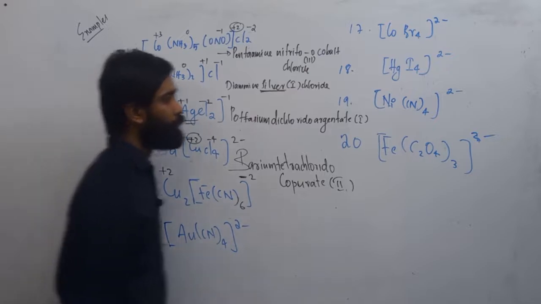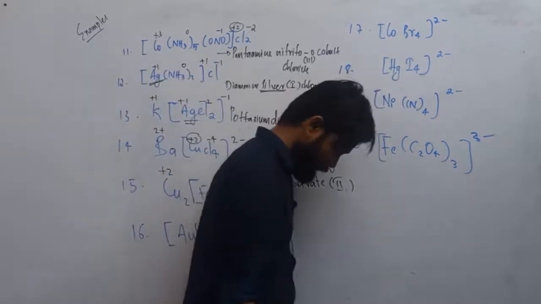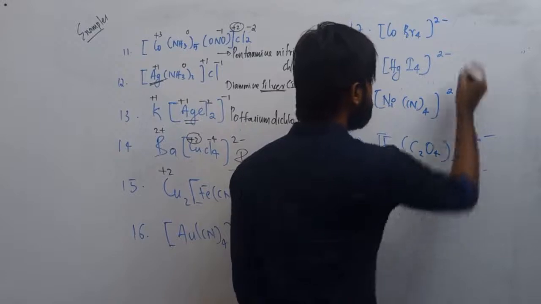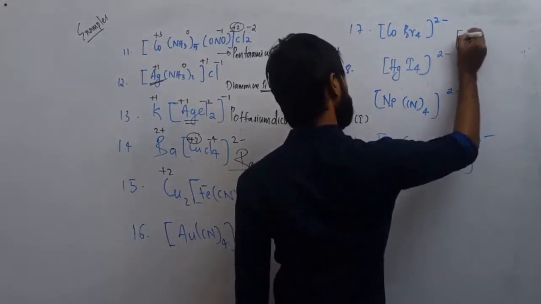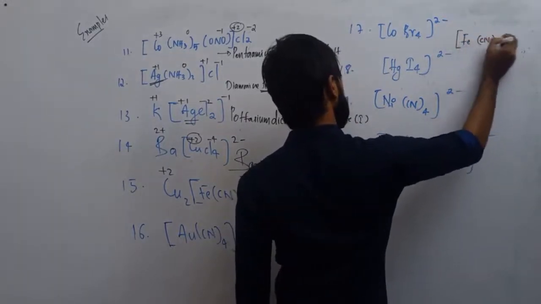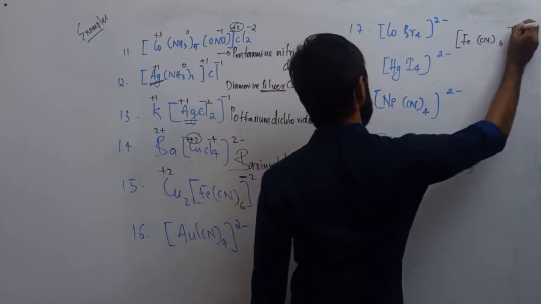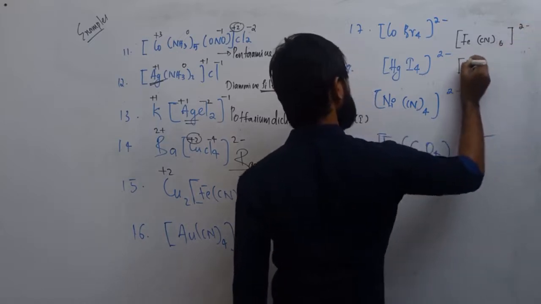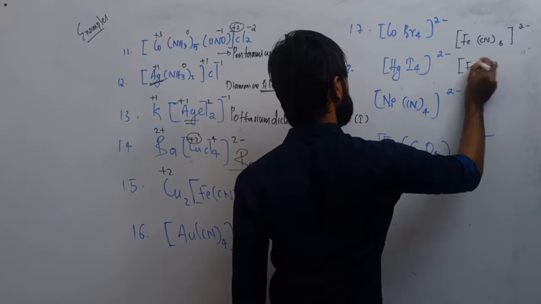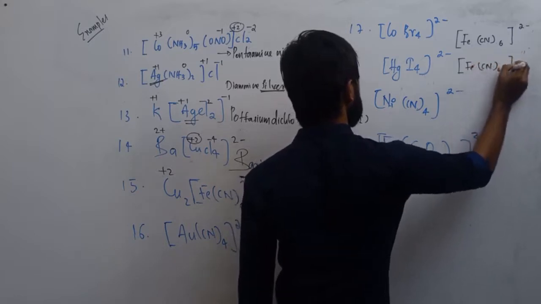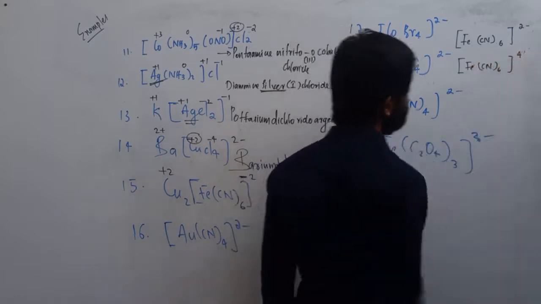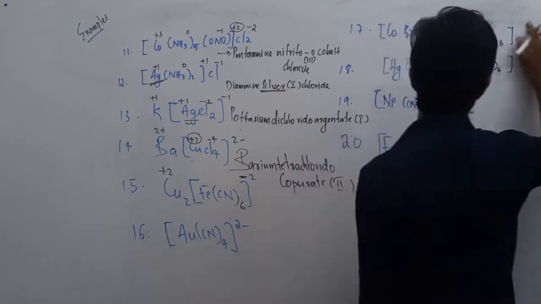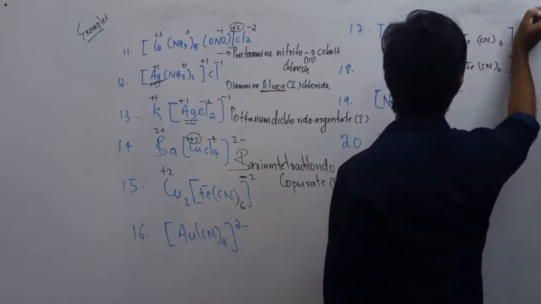Okay, there are two possibilities for the entity FeCN 6 times. Either the FeCN 6 times has a 3- charge, or a 4- charge.